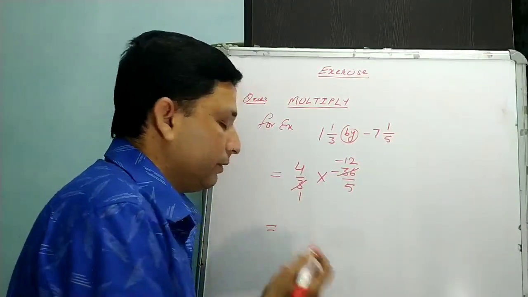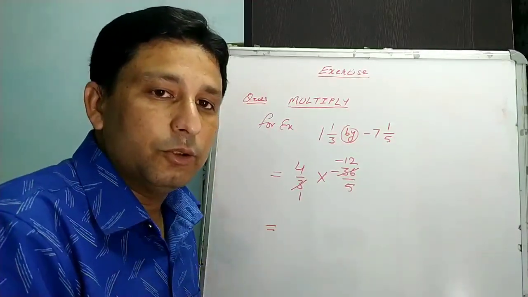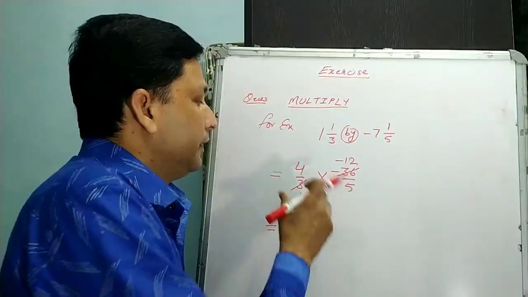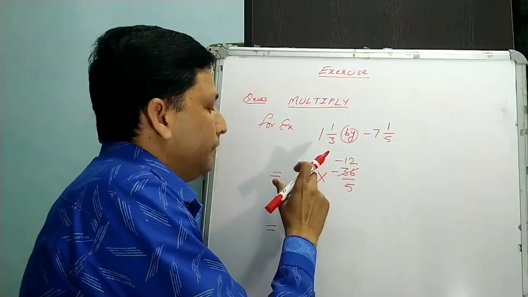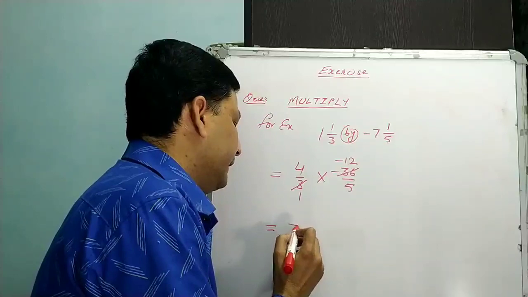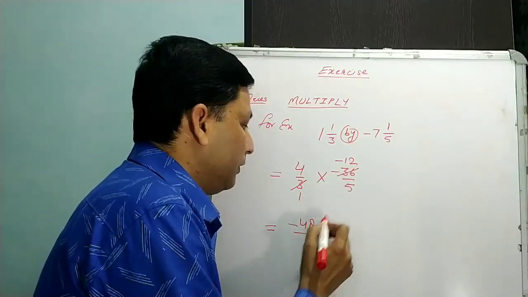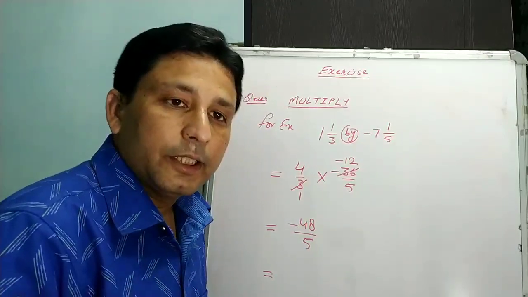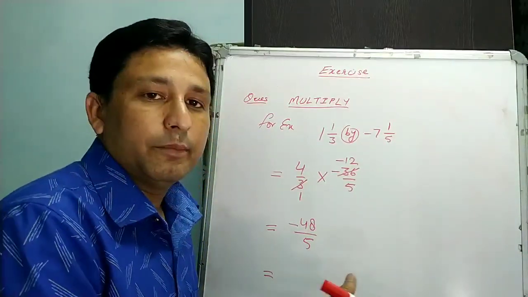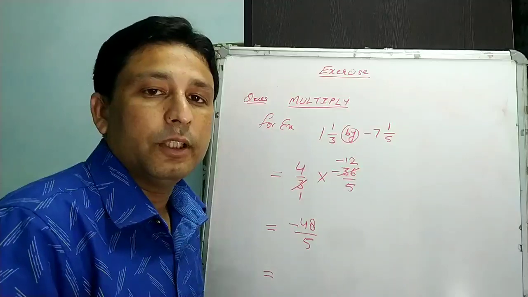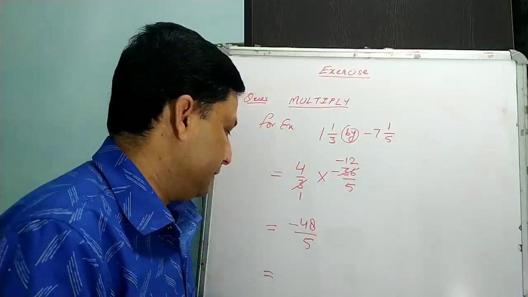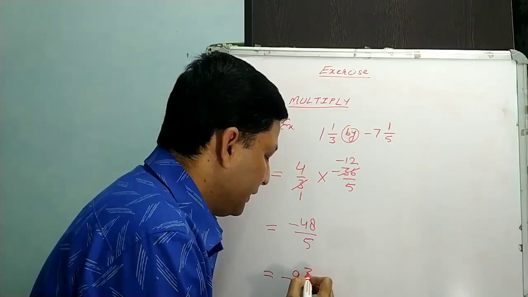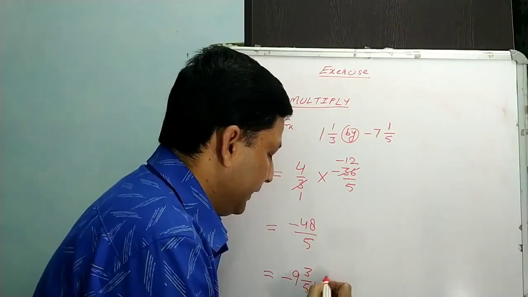So in the further step we will just multiply numerator to numerator and denominator to denominator. That is, after multiplying 4 into minus 12 we will get minus 48 upon 5 1s are 5. Here you can see that the numerator is greater in comparison to the denominator, so we will convert into the mixed fraction, that is minus 9 whole 3 upon 5. That is the final answer.